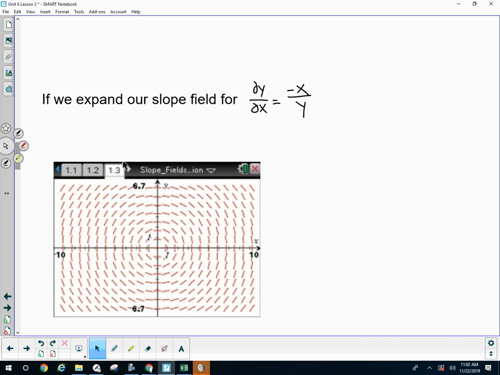What is the shape that you see? A circle. So we think the antiderivative of this has to be some equation for a circle.